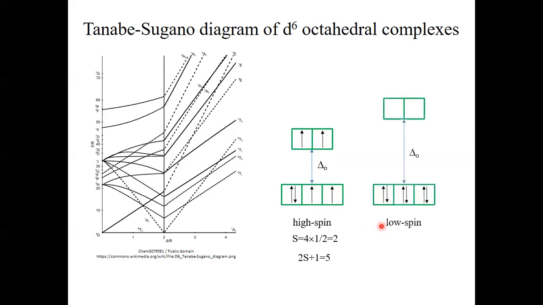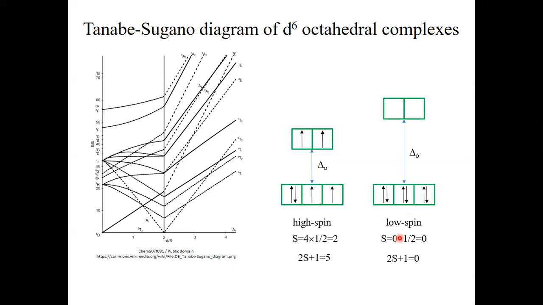Okay, now let's go to a low spin complex. By going to a low spin complex, we must pair the spins. So these 2 electrons that are spin up must go into the t2g orbitals and reverse their spin so that the Pauli principle is not violated. Now we see that we do not have any unpaired electrons, and accordingly we have a singlet term.